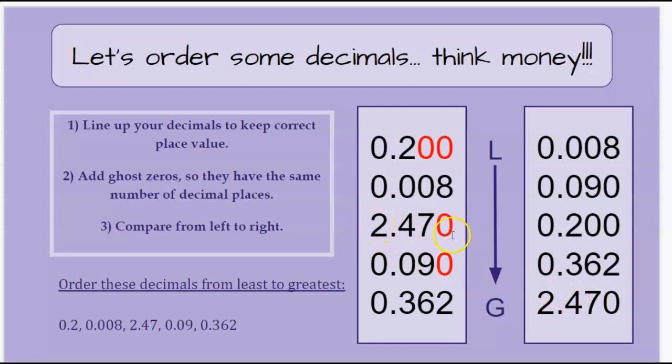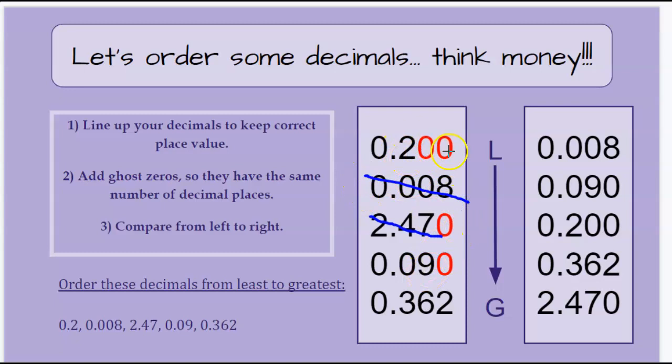So then I would cross that one out. If I were doing this on my own paper, I would actually cross that one out because I've already used it and put it as the greatest. So now I'm looking for the least. So I've got 200, I've got 8, I've got 90, and I've got 362. If you notice, 8 is the least or the smallest. So I put that one first, and then I would cross it out.